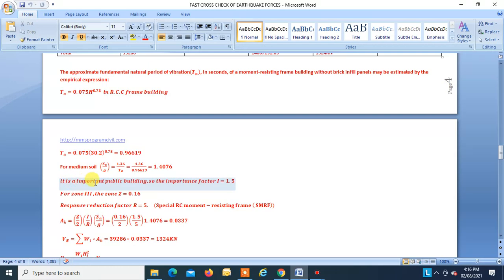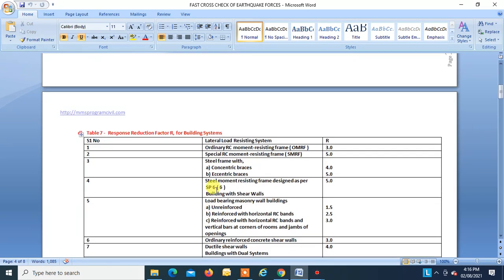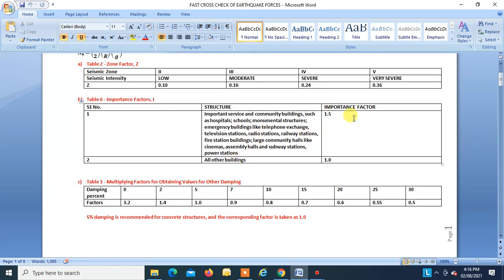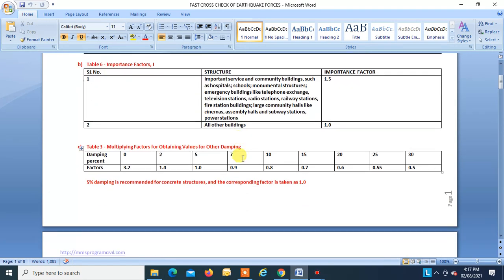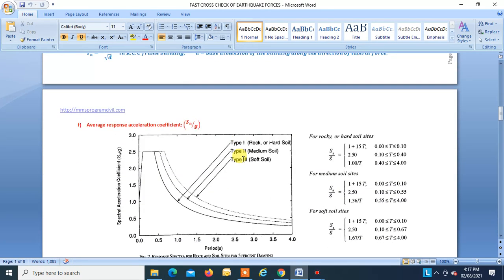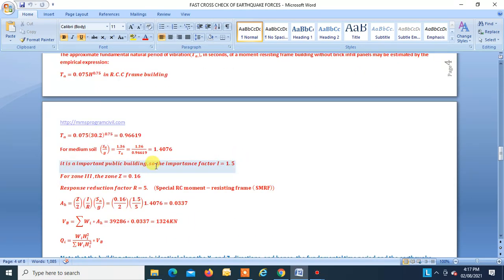Okay, now we have to take the importance factor. This is an important public building, so the importance factor we will take from the table is 1.5. Okay, important service building, so we will take 1.5, and the seismic zone in which this building falls is zone 3, so Z is equal to 0.16. Okay, so importance factor is 1.5, Z is equal to 0.16.